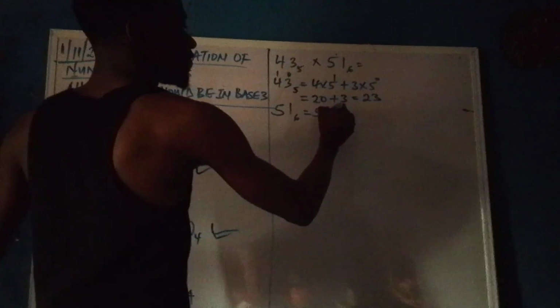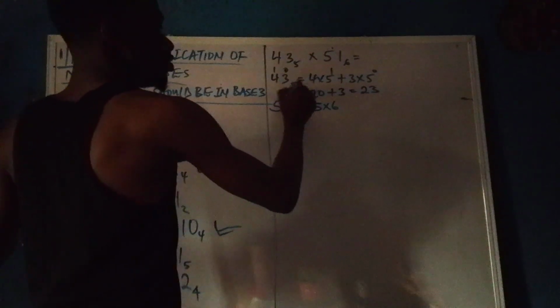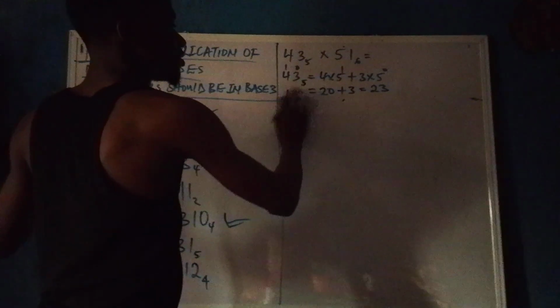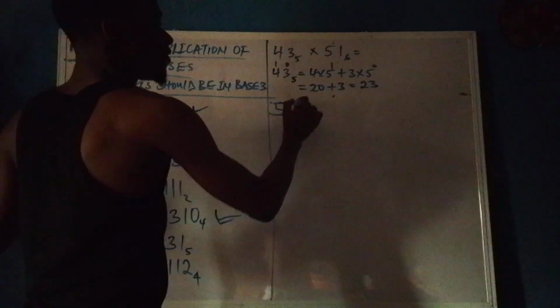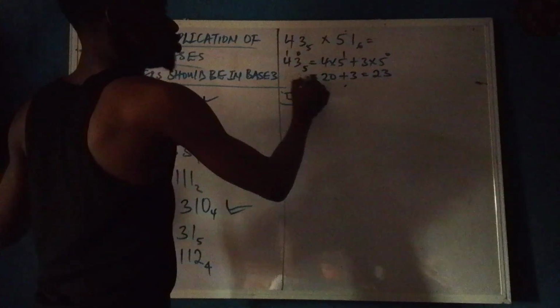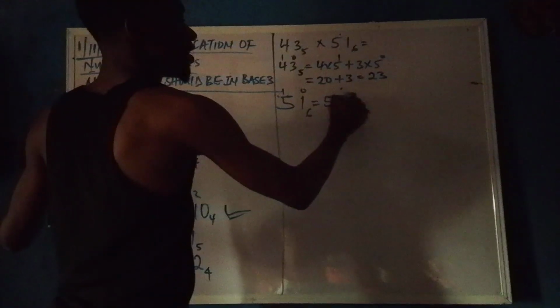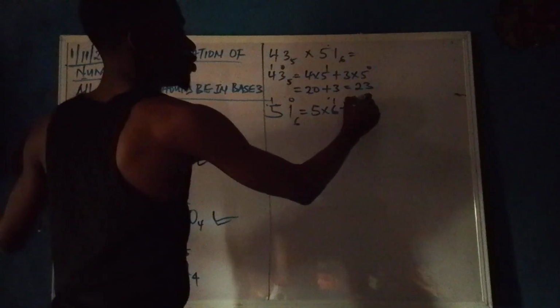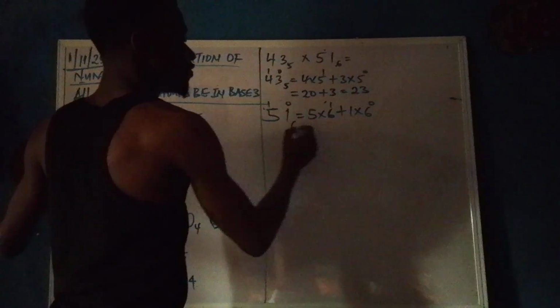That will be 5 times 6 to the power of 1, plus 1 times 6 to the power of 0.